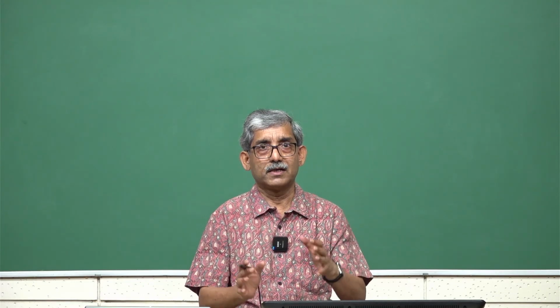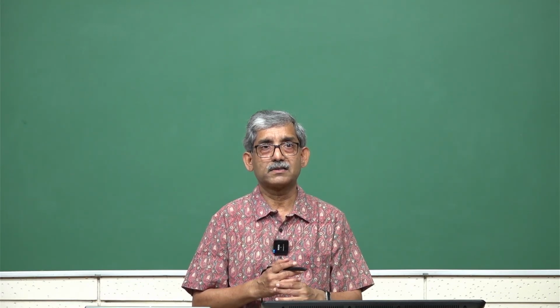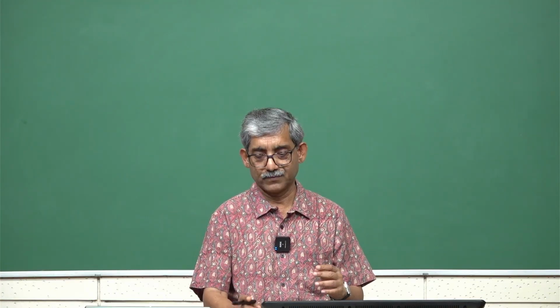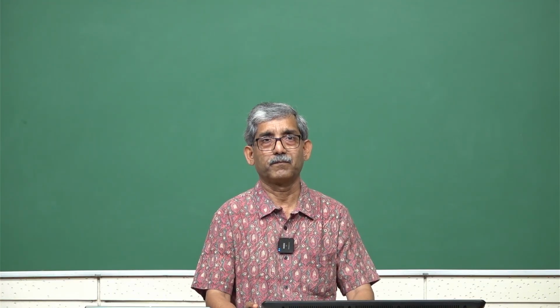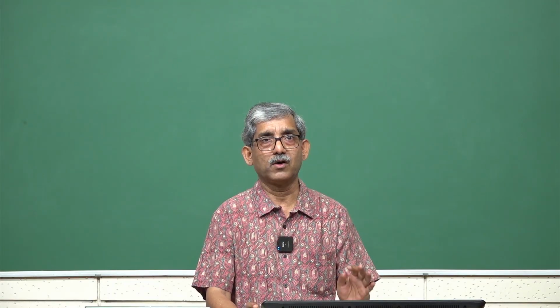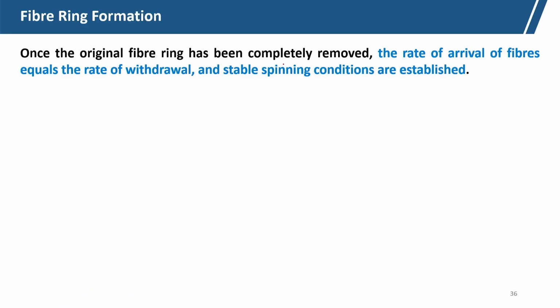Now, what we will discuss is the general case for fiber ring formation. Once the original fiber ring has been completely removed, then we get the actual yarn, where the rate of arrival of fibers equals the rate of withdrawal.